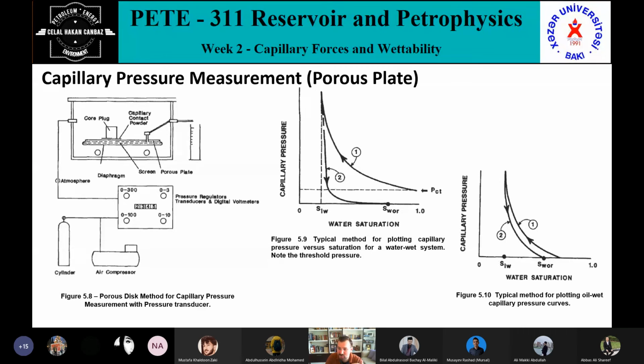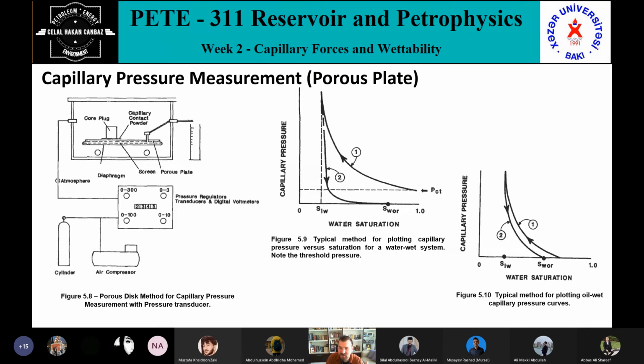The pore size of the porous disc should be small enough to prevent penetration of the displacing fluid until the water saturation in the core has reached its irreducible value. The pressure of the displacing fluid is increased in small increments, step by step.